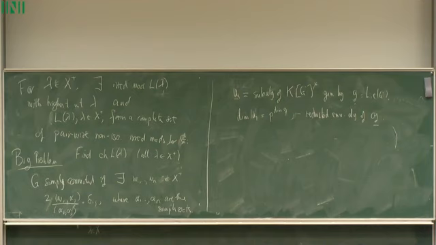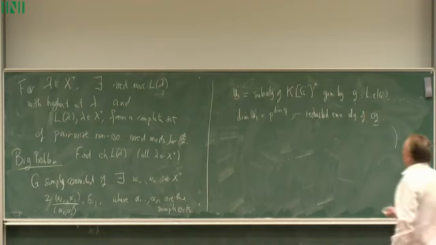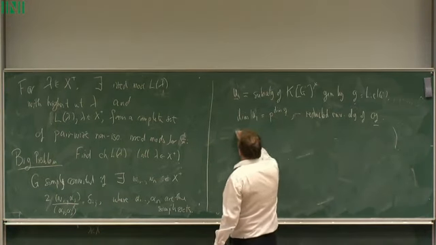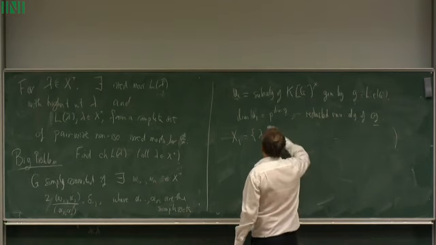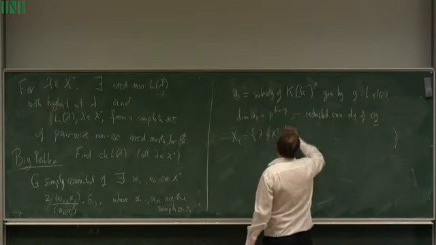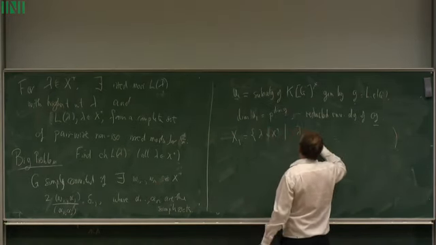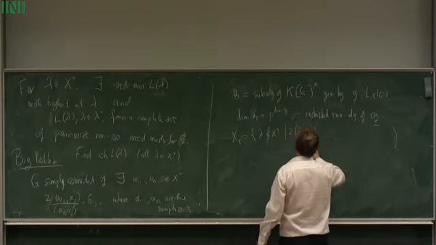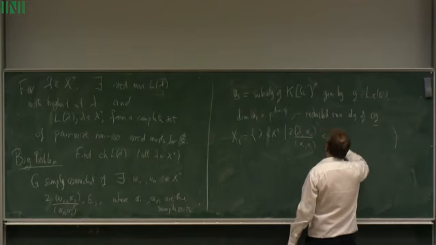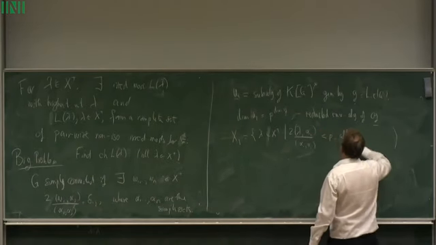So the simple modules for this can be quite easily parametrized. You take X1 to be the set of lambda in X plus such that the inner product with alpha i is less than p, for alpha i simple.